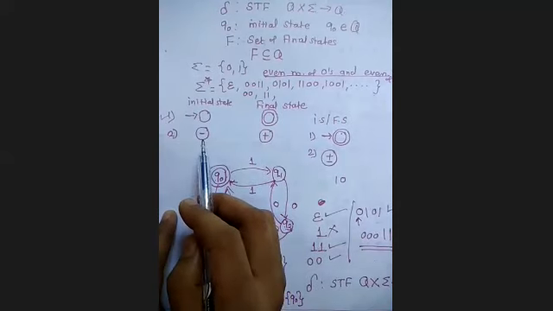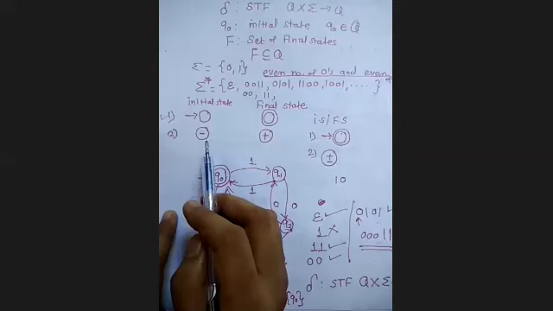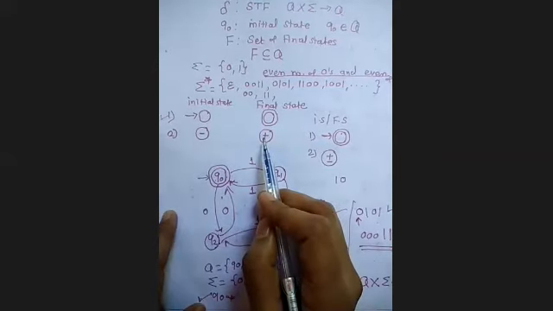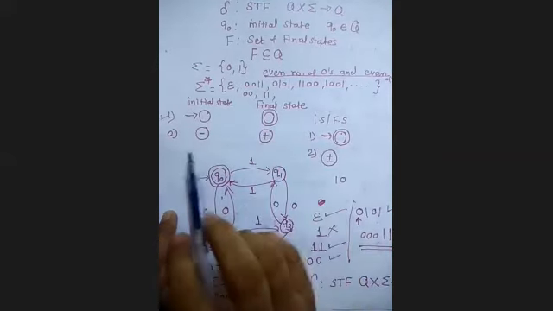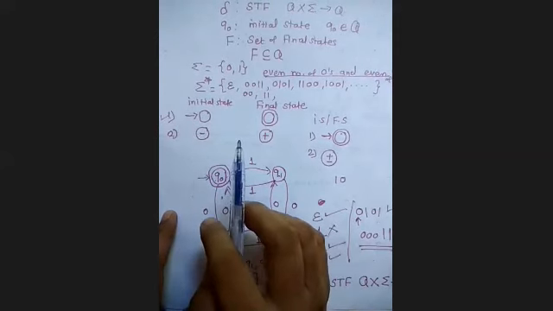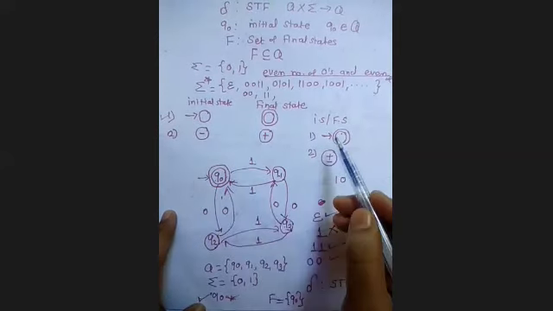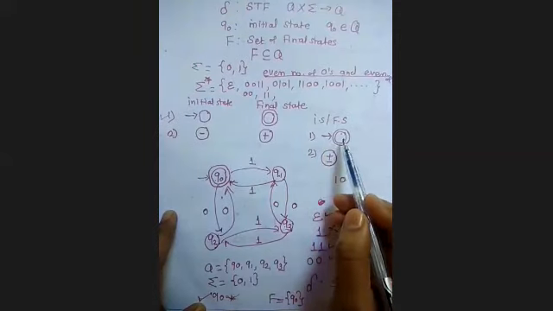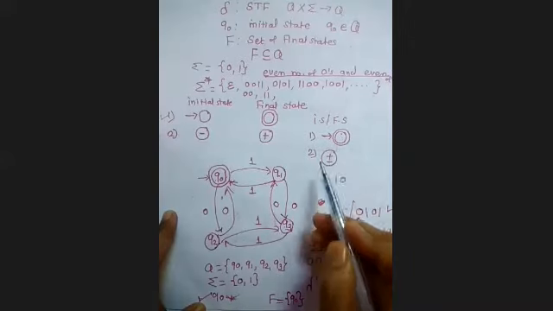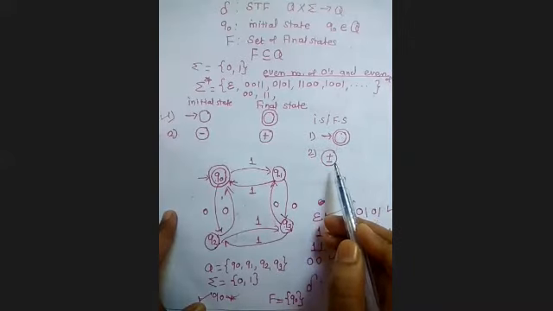If you put minus inside the circle, that is the initial state, and plus in the circle, that is the final state. In case both initial and final states are the same, in the first notation the arrow indicates it is an initial state, and 2 concentric circles indicate it is a final state. In the case of minus plus, you put both the signs, and then it indicates it is the initial as well as the final state.